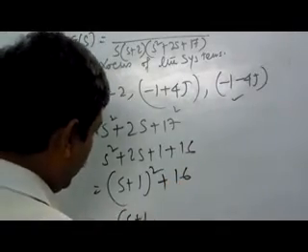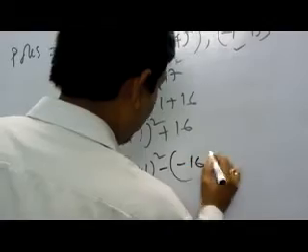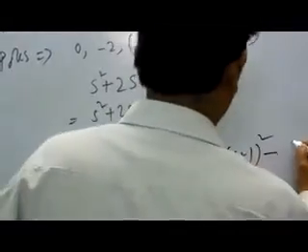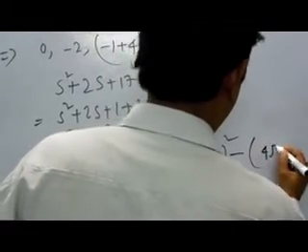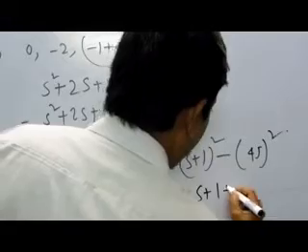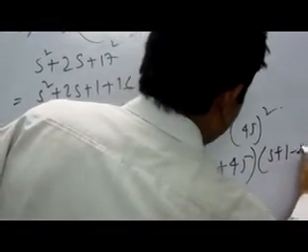Now (s plus 1) whole square minus of minus 16. Now (s plus 1) whole square minus of (4j) whole square. This is equal to (s plus 1 plus 4j)(s plus 1 minus 4j).